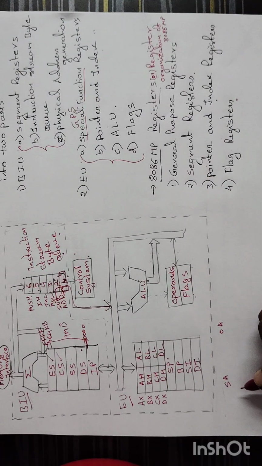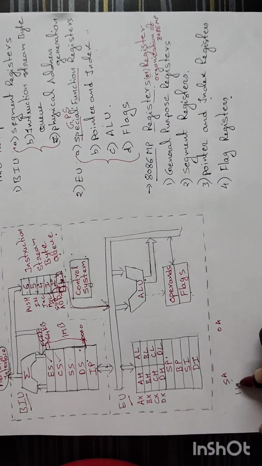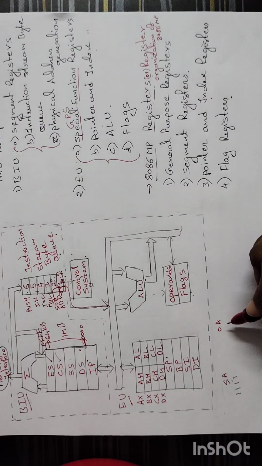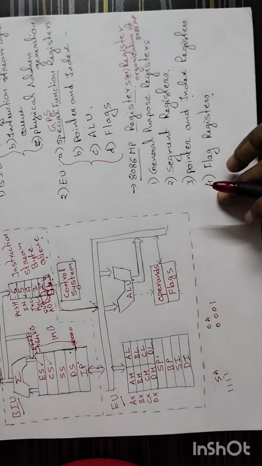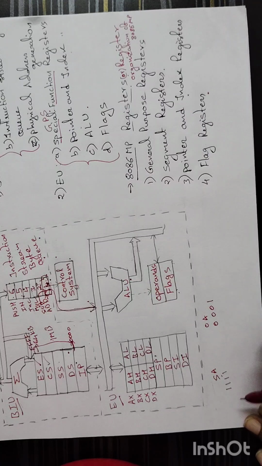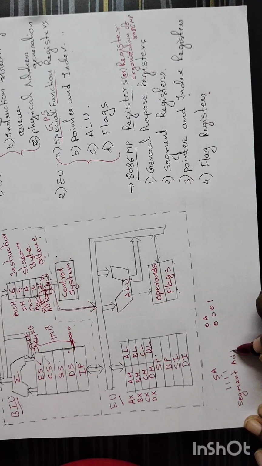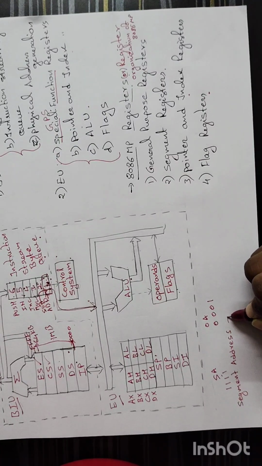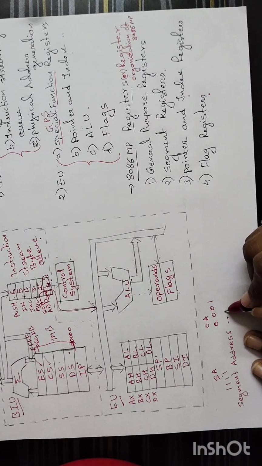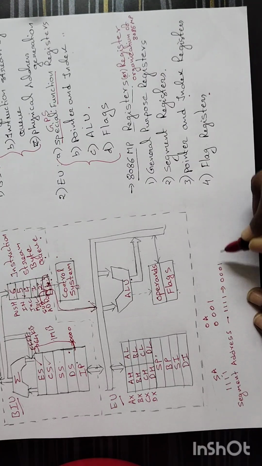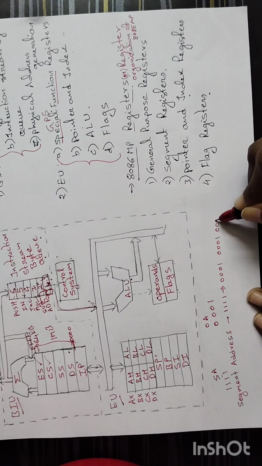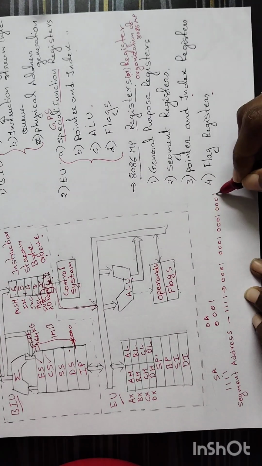For example, take the segment address as 1111 and the offset address as 0001. The segment address 1111 in 16-bit form is 0001, 0001, 0001 and 0001.